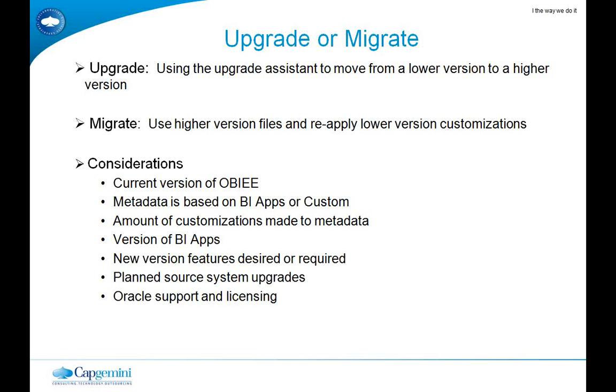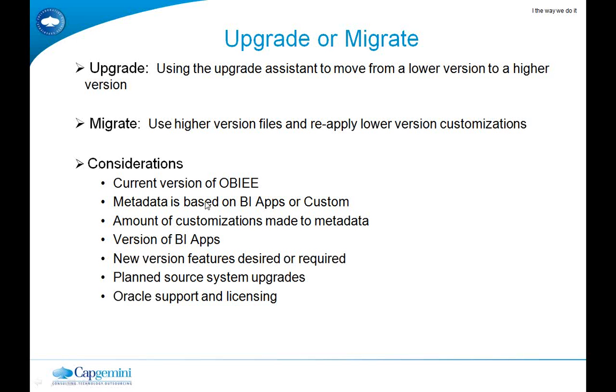And this kind of goes into how many customizations you've made, how extensive they are. But those are things that you may have to consider. Also, whether or not your current older version is supported within 11g, this may be another option of just migrating those customizations. This really comes in handy if you're dealing with and considering a BI apps move.